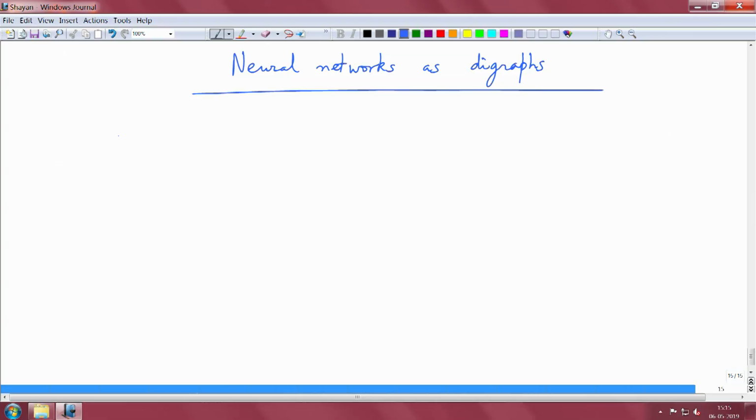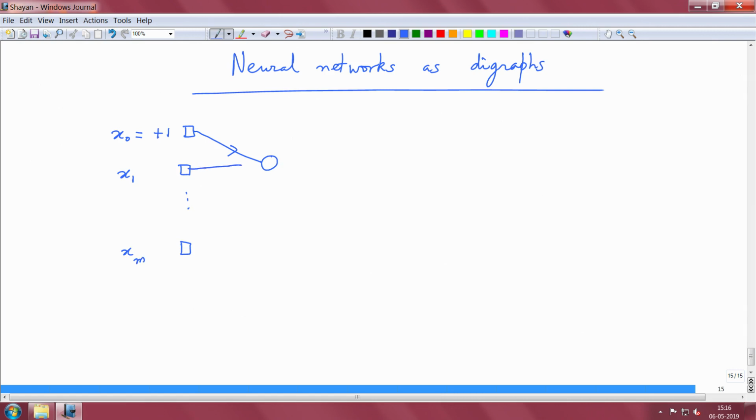Okay, now we will start with the interpretation of neural networks as digraphs. Digraphs mean directed graphs. Okay, so let us sketch this out. So, x naught is 1, that is giving us this bias component, and then we have x 1 and so on till x m.